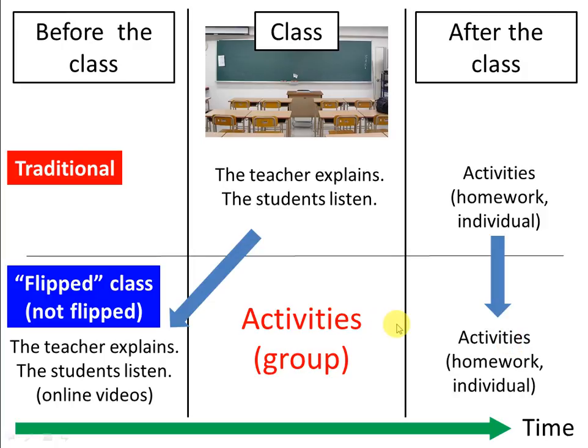So what do we do in the class? The students do activities such as pair work, group work, and those activities that cannot be done individually. Those activities that can be done only in groups. So maybe we can't call this type of class a flipped class, because not everything is flipped, but I think the essence is the same as a typical flipped class.